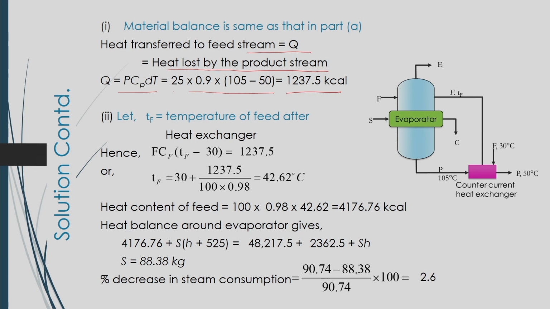If we consider that temperature as Tf, we can write the heat balance as F into Cf, where Cf is the specific heat capacity of the feed stream and F is the amount of feed supplied to the evaporator, and the feed temperature is Tf. If we subtract it from the steam temperature, we get the enthalpy change of the feed stream as 1237.5.